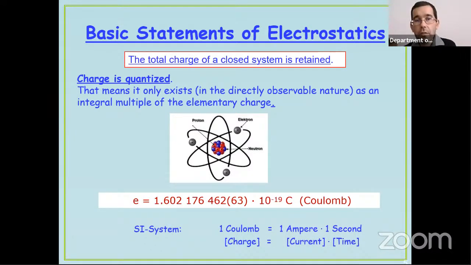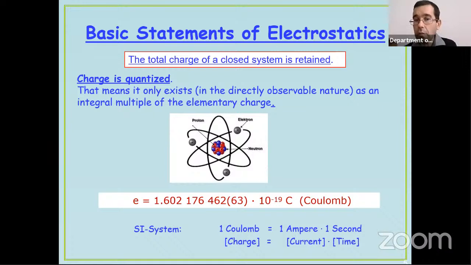Since it turned out that the electron is mainly associated with the electric charge, the electric charge is at the same time quantized. What does it mean? That there is a minimum charge, and this minimum charge is the charge of the electron.